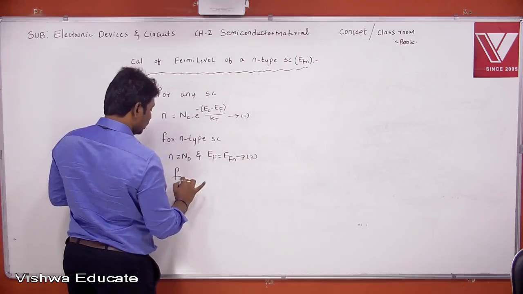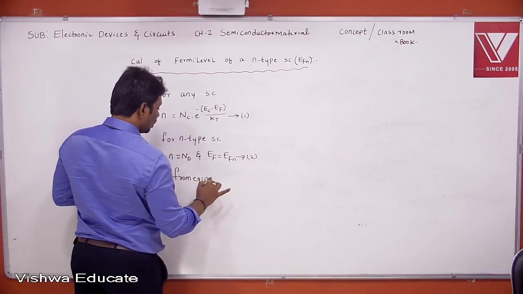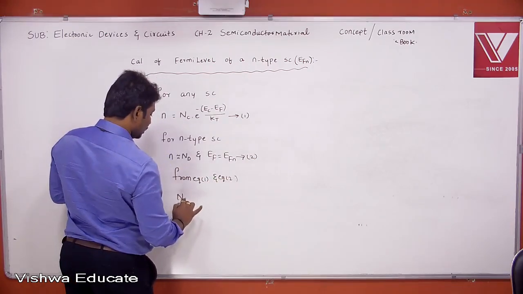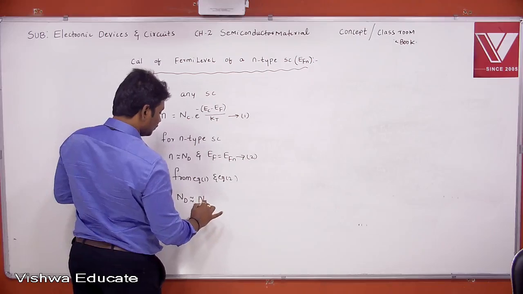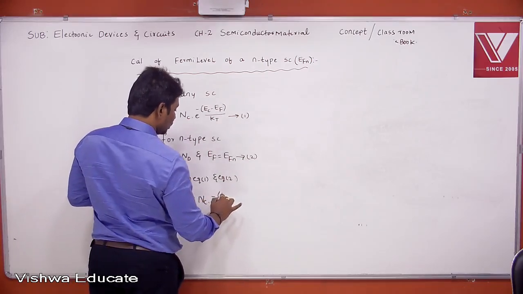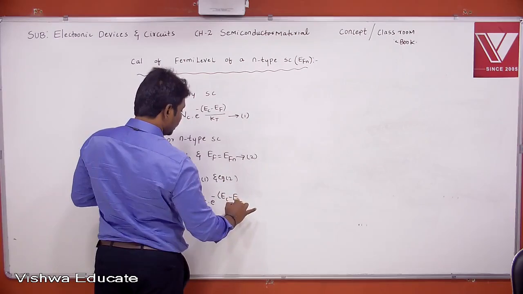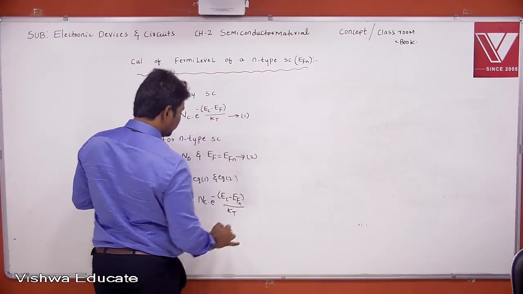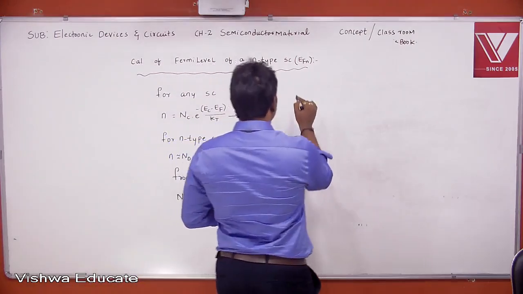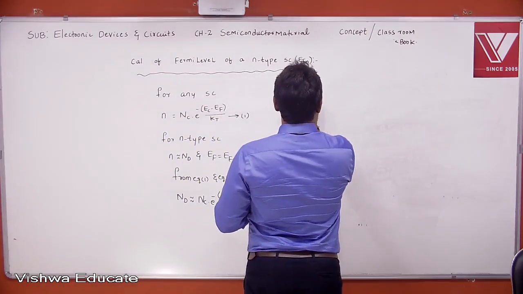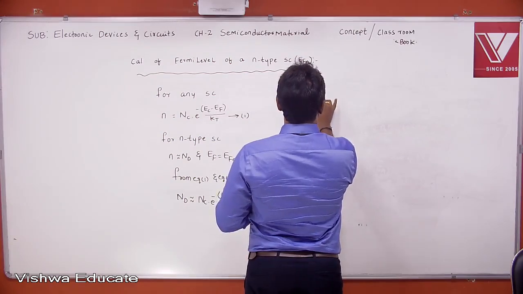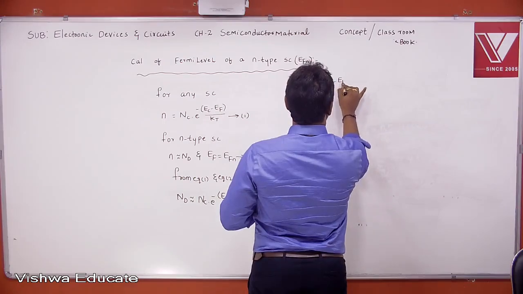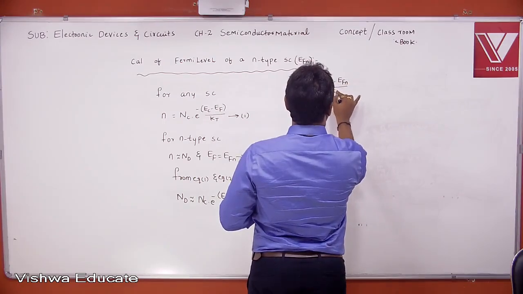From equation 1 and equation 2, Nd is approximately equal to Nc into e power minus of (Ec minus EFN) by kT. Now, Nc by Nd is approximately equal to e power (Ec minus EFN) by kT.